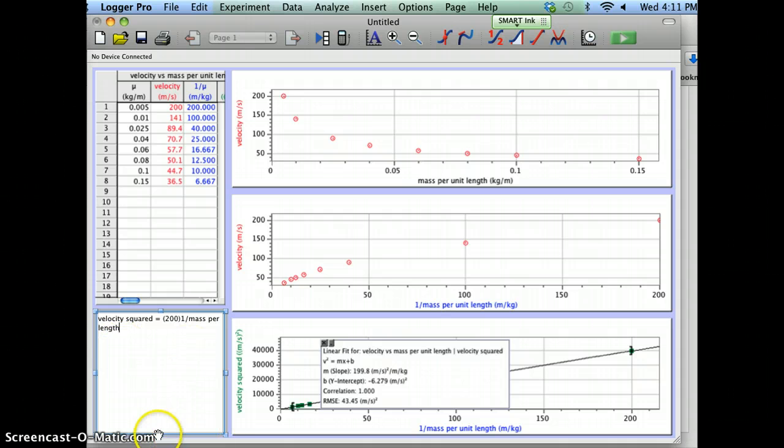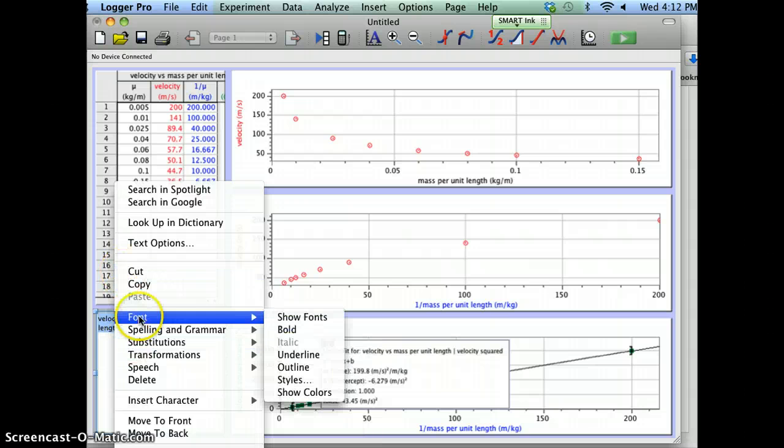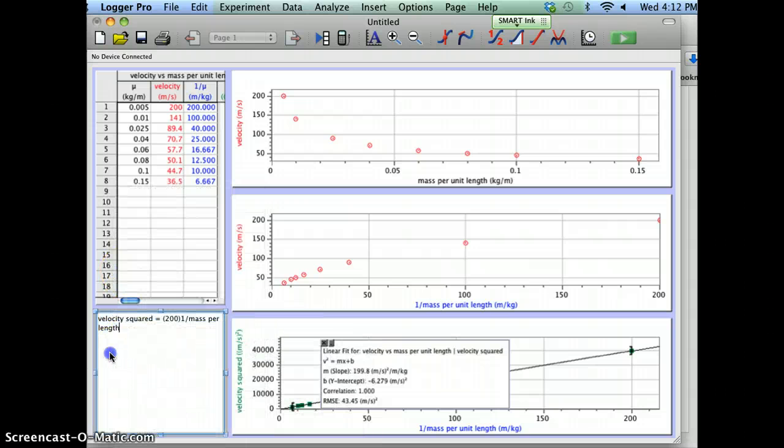See if I can make this a little nicer. Let's see how to make this smaller. It's okay. Velocity squared equals, I'll move this down, 200 times 1 over mass per unit length minus 6 meters per second squared. So there it is. There's my equation.